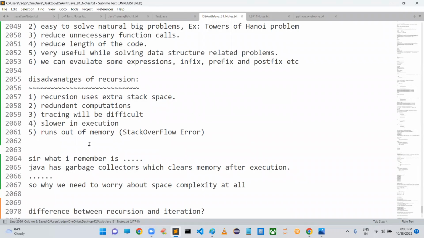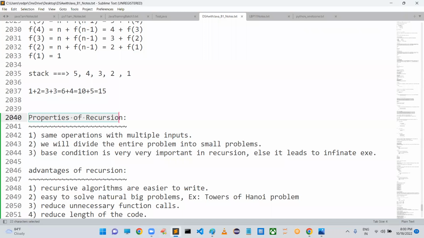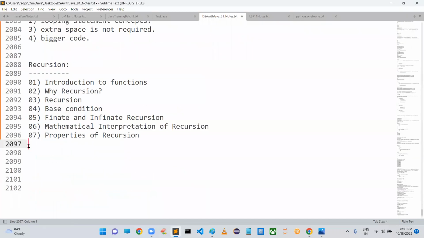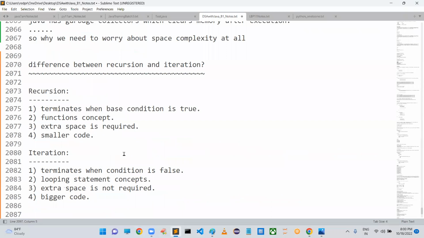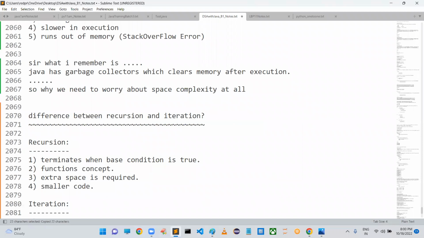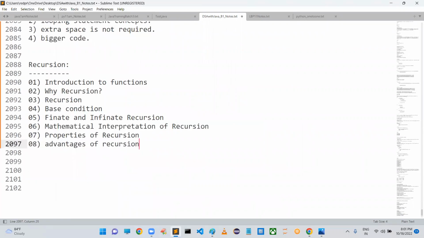What properties do we have for recursion if I want to implement a recursive algorithm, and what are the advantages and disadvantages of recursion? After this, we have seen the difference between iteration and recursion. So almost all the theory concepts are completed.